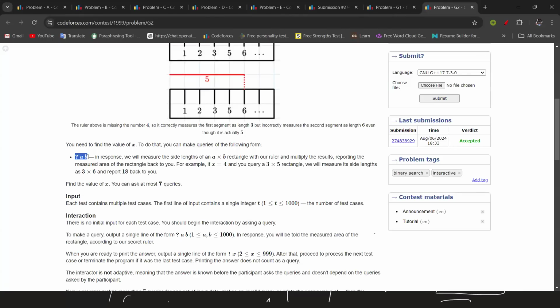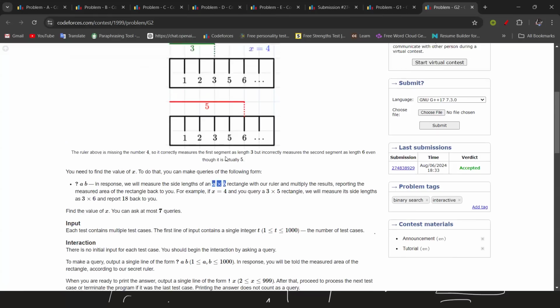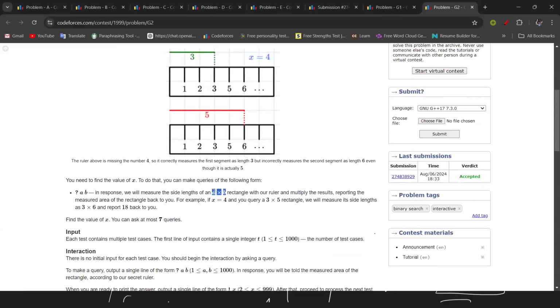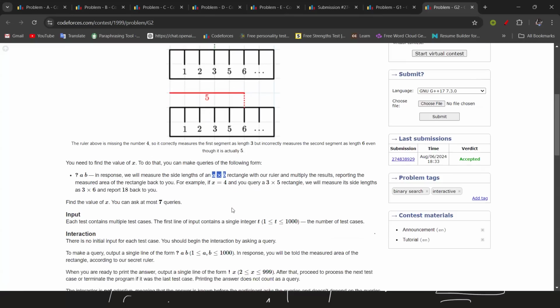In return, it would give us the area of a rectangle with side lengths a and b, as measured by the scale. If this ruler is measuring correct lengths, it should return a times b. But if it is not measuring correctly, it would return what it is measuring.